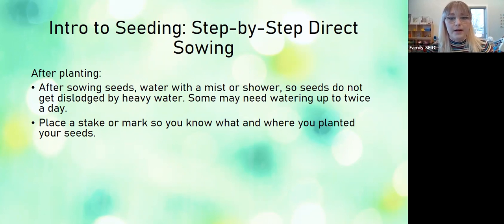Place a stake or mark so you know what and where you planted your seeds. Oh, I don't have it with me. Well, let me just explain what I am talking about. This is actually a little craft you can do with your kids. You can take some paper and some markers, and I would just write what plant it is, and maybe draw a little picture, make it look nice, make it look cute, and then you can bring it to the center.